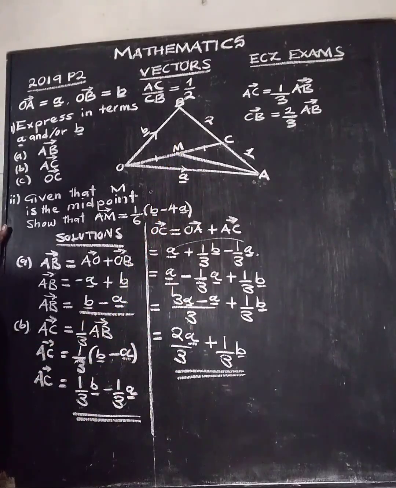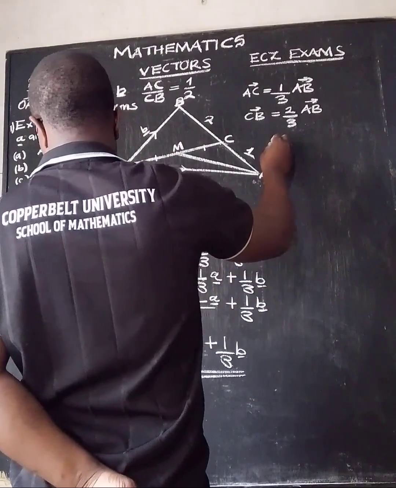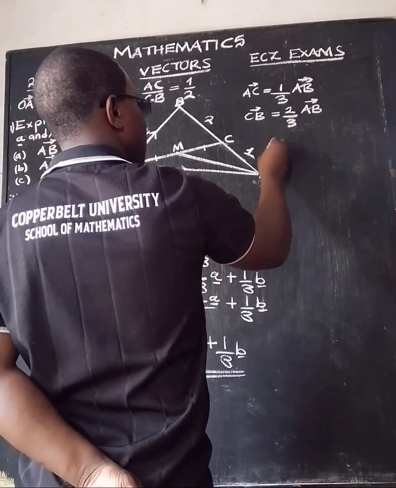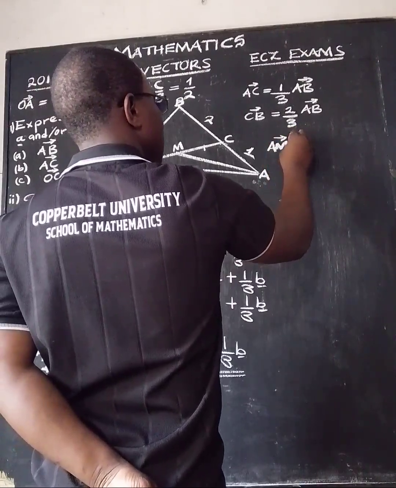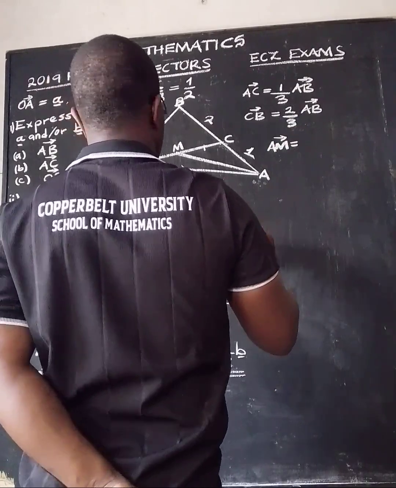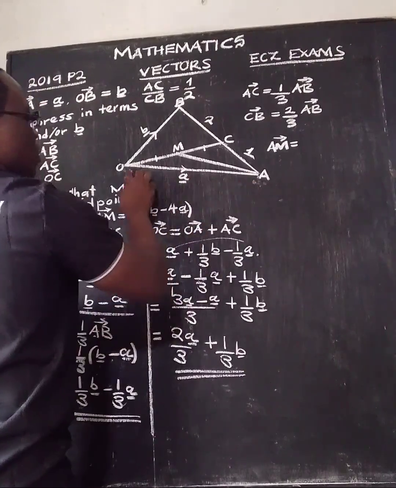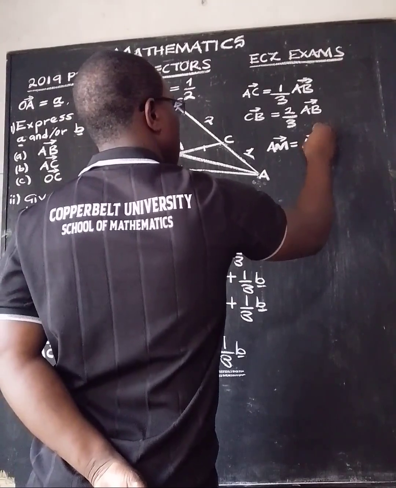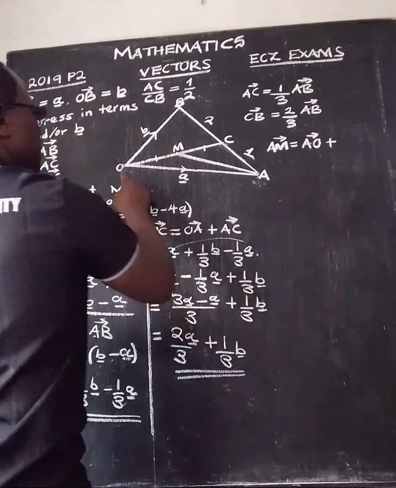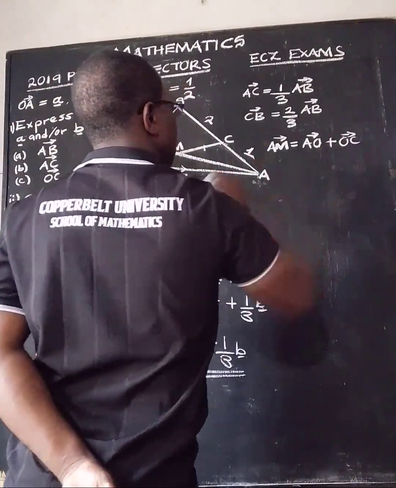Okay? So we want to find AM. So AM is equal to what? AM is equal to AO plus OC.